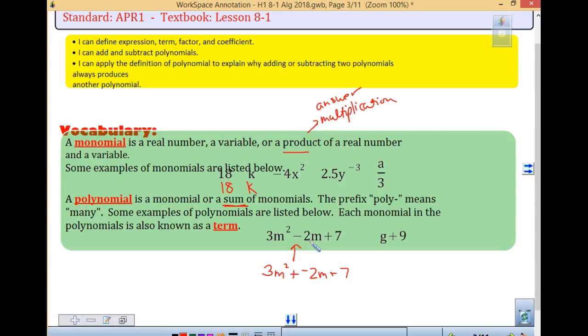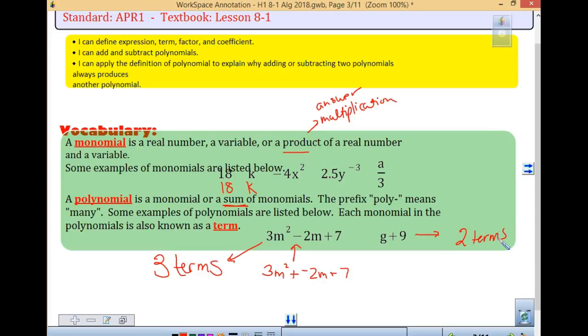Each monomial in the polynomial is known as a term. So if I was asking you for how many terms this one has, this has 3 terms. Whereas if I'm looking at g plus 8, I am looking at 2 terms.